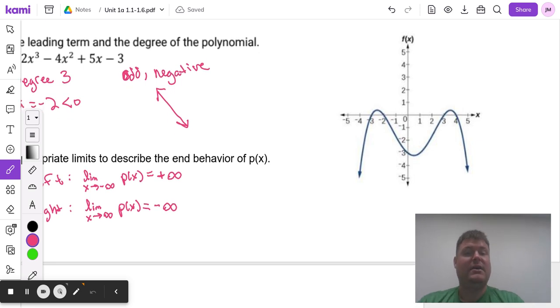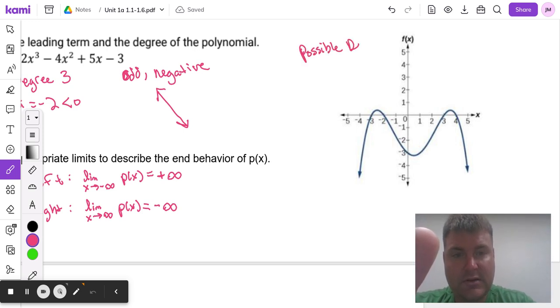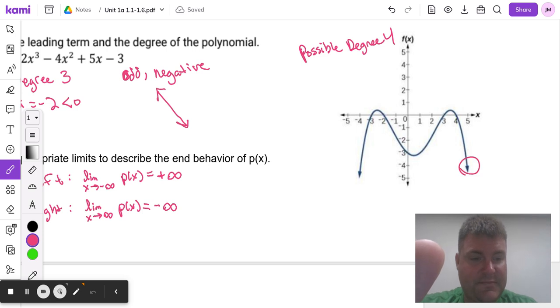And we're back. Let's go through everything that we just did before. Possible roots: I'm going to count 1, 2, 3, 4. They're all cuts, it looks like. So we have a possible degree of four. Our right end behavior is negative.